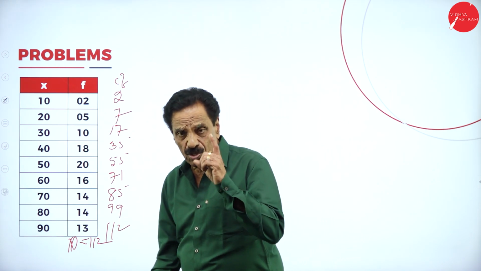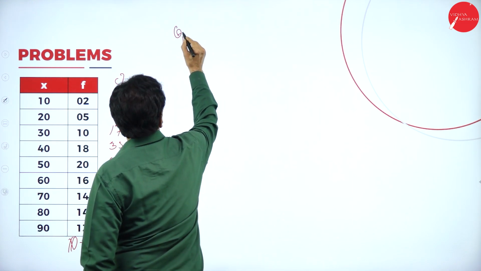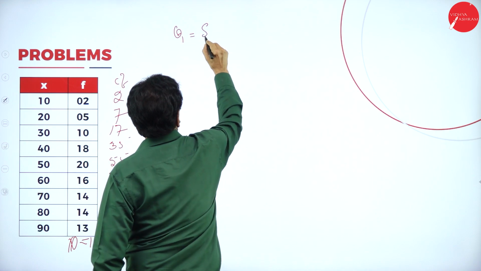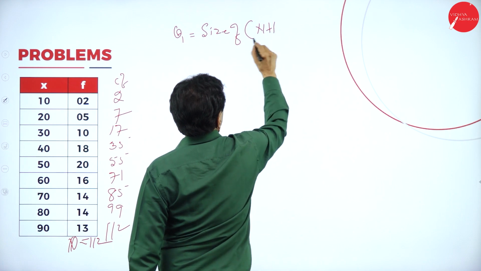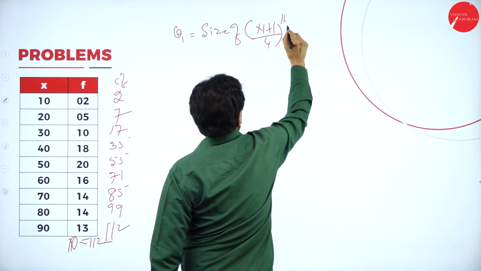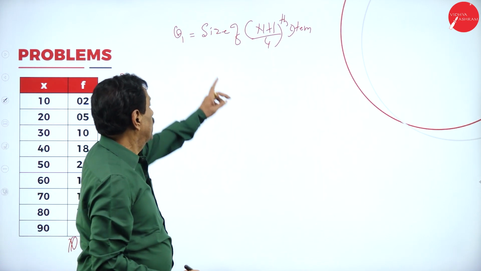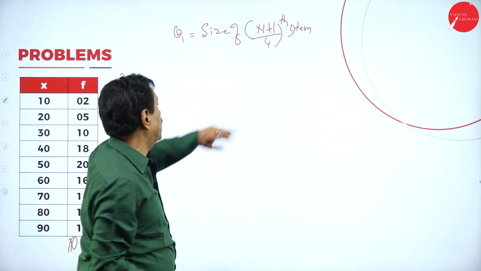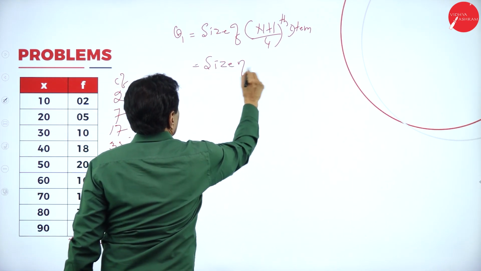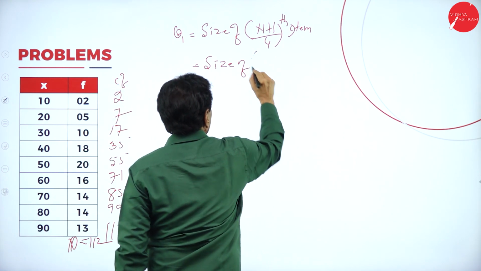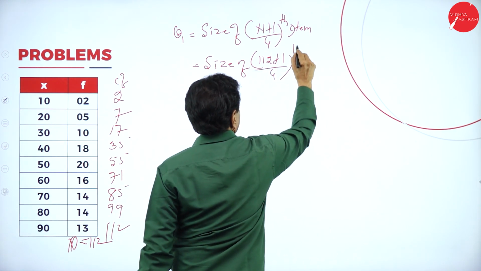So what do we require? Q1 and Q3. We'll go with Q1. Q1 is equal to the size of (n plus 1) divided by 4th item. What's your n? 112 plus 1 divided by 4th item.